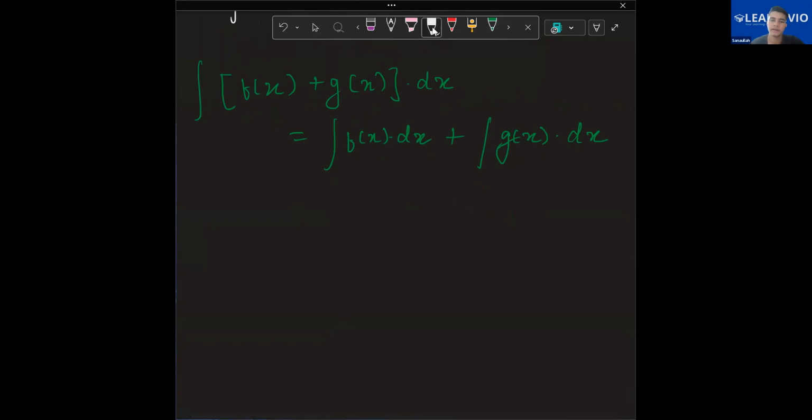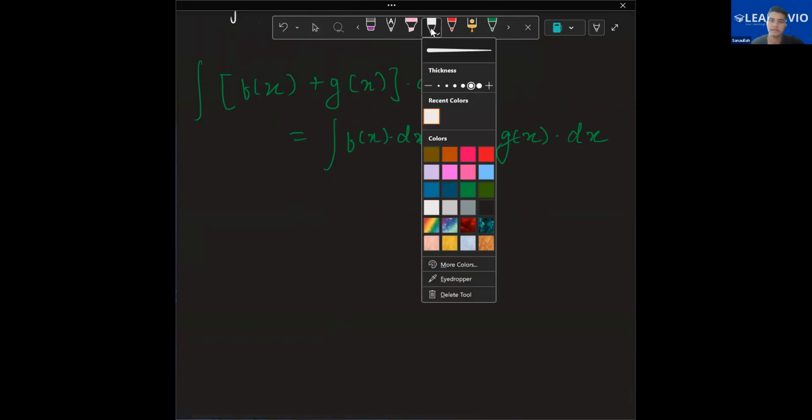That we were used to doing in the derivative part. We can use the same. We can just pull out the constant from the integral, and we can multiply that constant after integrating the function.